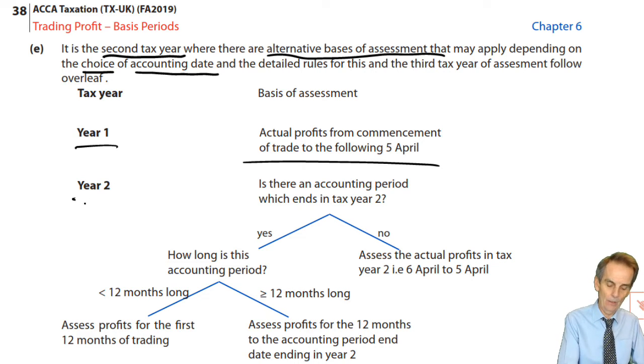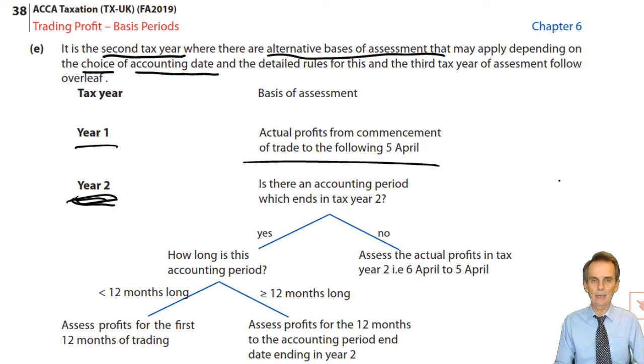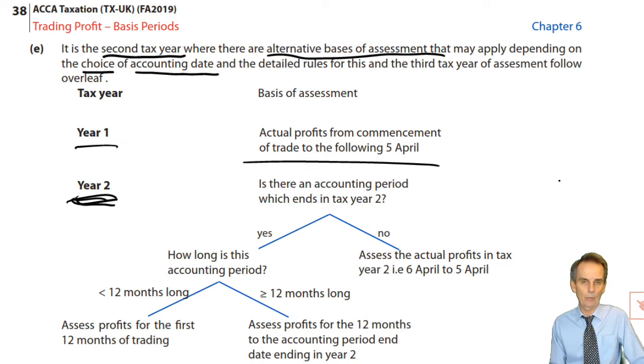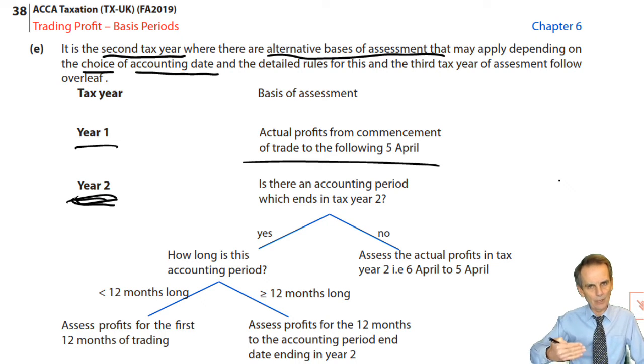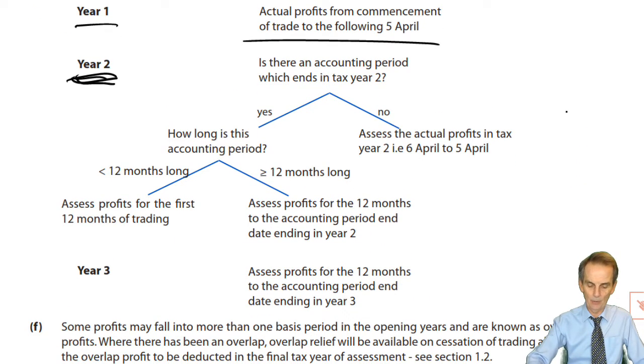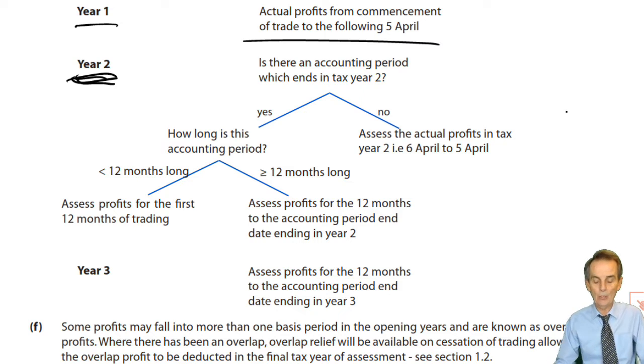Year two, you are left with, depending on what choice you made about your accounting date, then there's different options. And we have to go through this in a set order to determine which basis of assessment will be used. And we do it to begin with by asking a question.